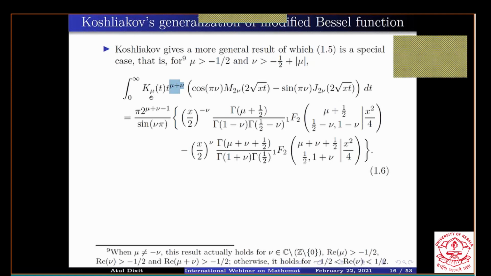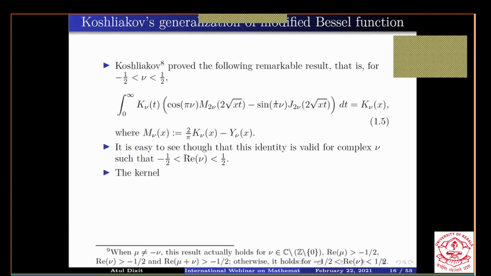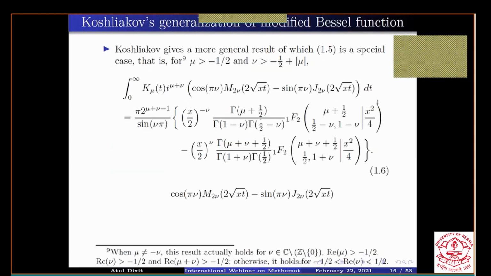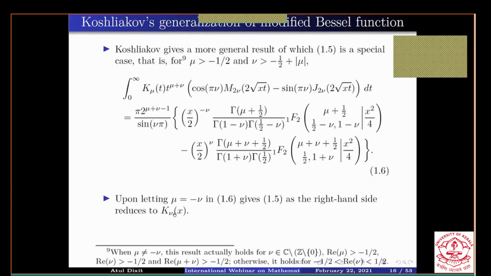But K sub minus nu of t is the same as K sub nu of t, because the modified Bessel function of the second kind is an even function of its order. So you get back the same integral that I had on the previous slide. And what does that evaluate to? It evaluates to K nu of x. So on this right hand side, when you put mu equal to minus nu, you must get K nu of x. In other words, for general mu, you are actually getting a one-variable generalization of the modified Bessel function.